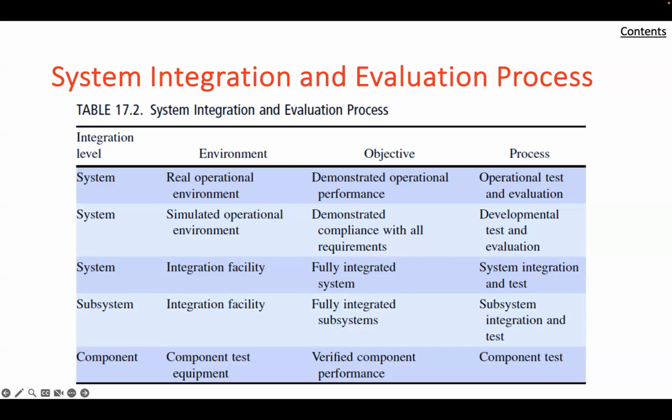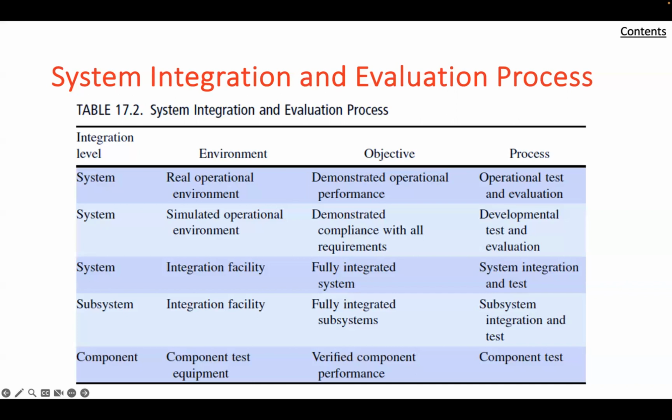The second column indicates the nature of the environment in which the corresponding system element is evaluated. The third column lists the desired objectives of the activity.